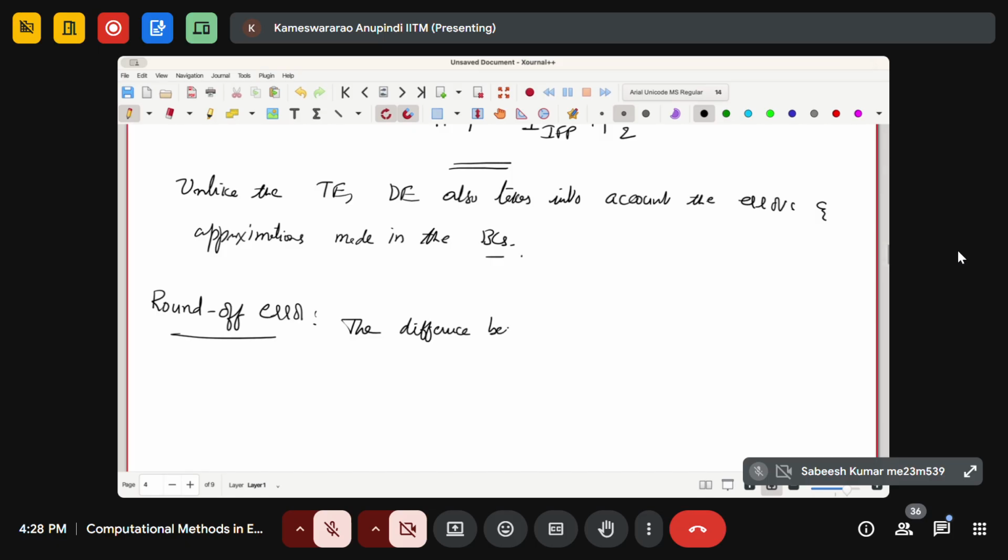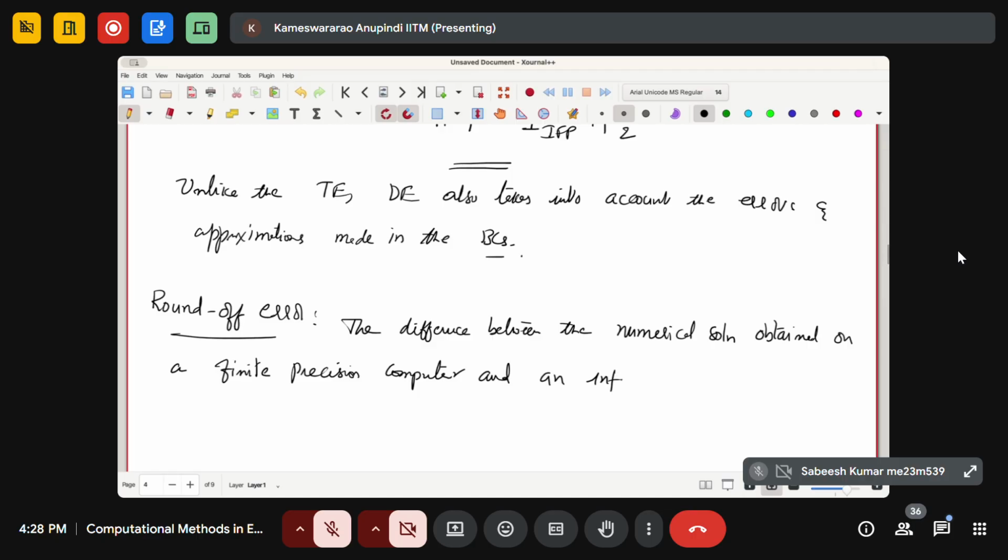So as a result, the difference between the numerical solution obtained on a finite precision computer and an infinite precision computer is known as round-off error.